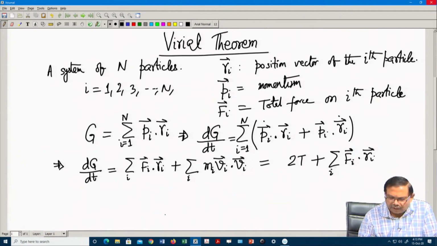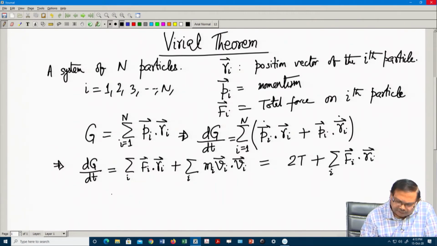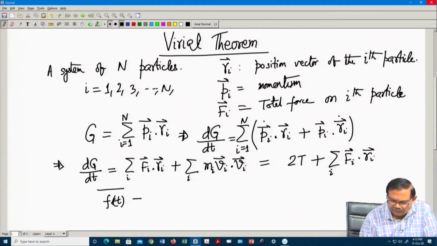Now, we will take the time average value. So, let me define a time average value. The time average value for any quantity f of t will have a value which is independent of time.